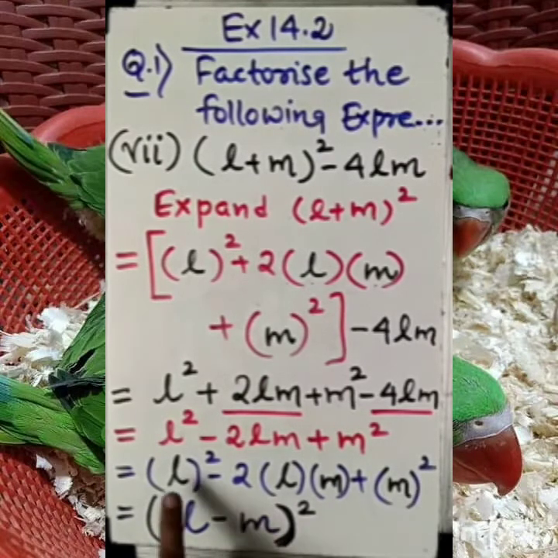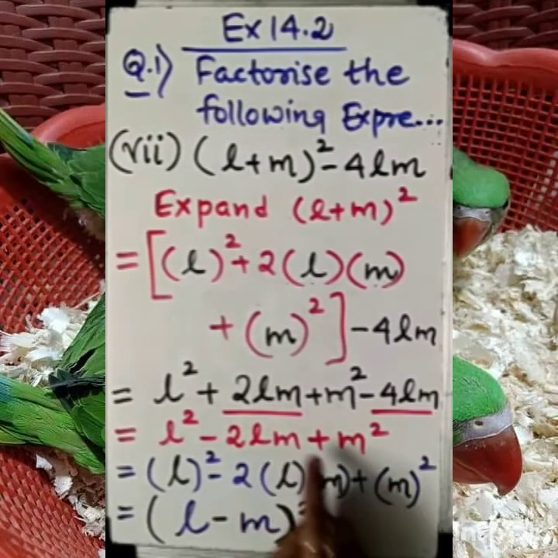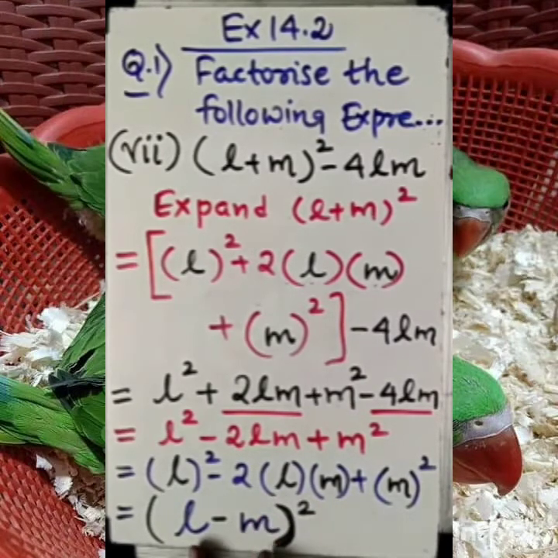Here a means l, and from this side b means m. So the middle term is automatically set. You can see minus 2lm. So the identity says (a minus b) whole square, a means l and b means m: (l minus m) whole square.